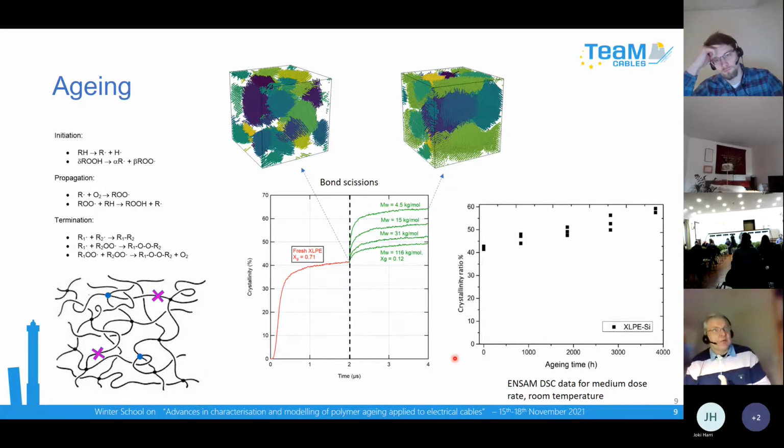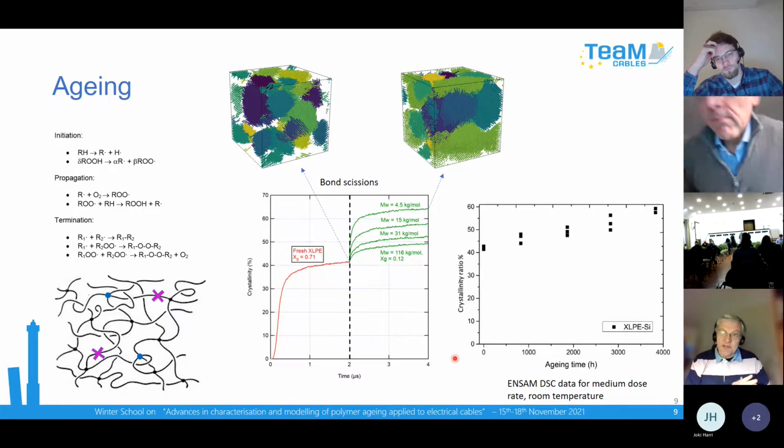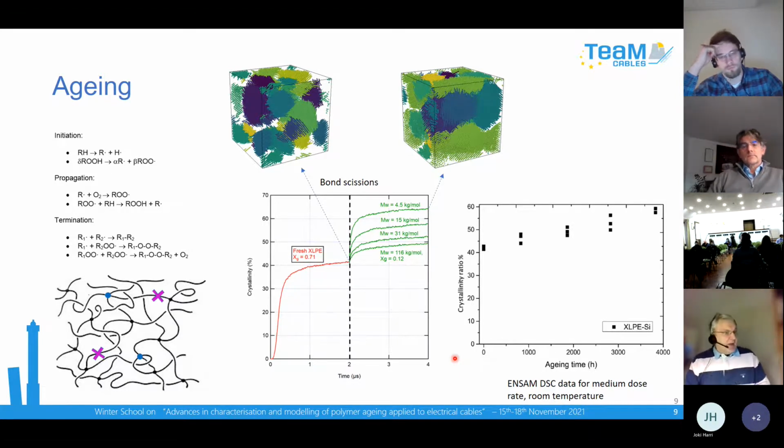But this project was also about aging and the effects of aging on the mechanical properties of these materials. So how do we introduce the effects of aging to the material? This morning we heard a talk on the kinetic modeling of aging. We have this oxidative degradation scheme that results, among other things, in breaking of chemical bonds.